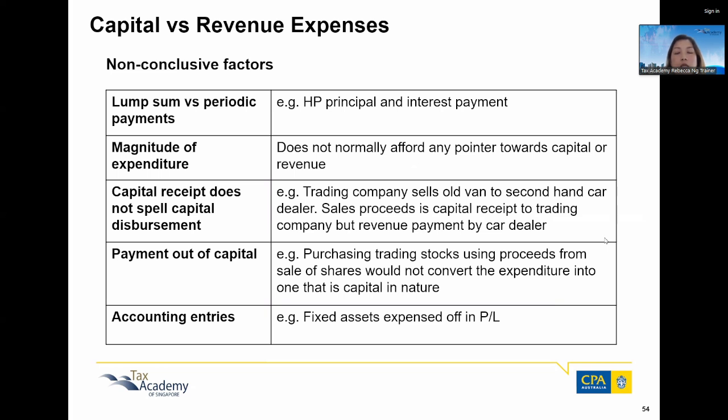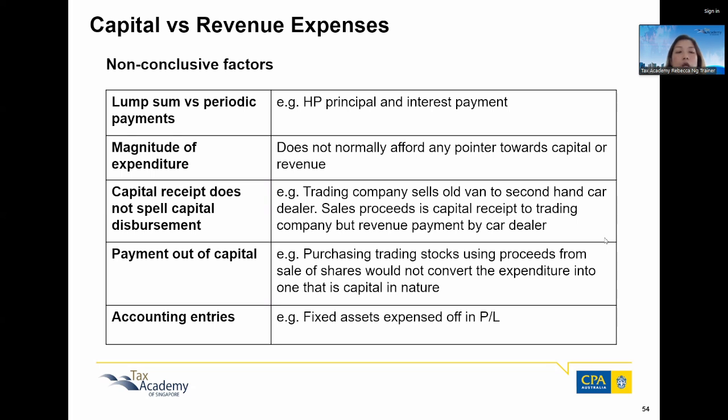The sales proceeds are a capital receipt to the trading company, but a revenue payment by the dealer company. So it doesn't mean that if the seller recognizes it as capital, the buyer will always recognize it as capital. We always look at the nature of the business to determine whether the receipt or expenditure is capital or revenue in nature.